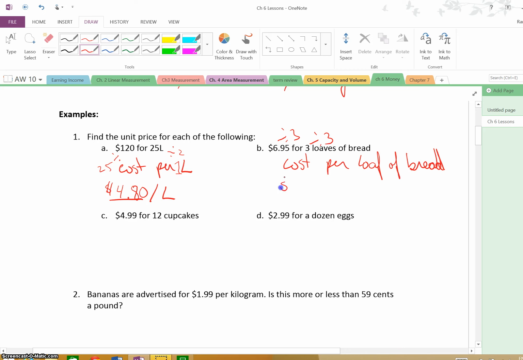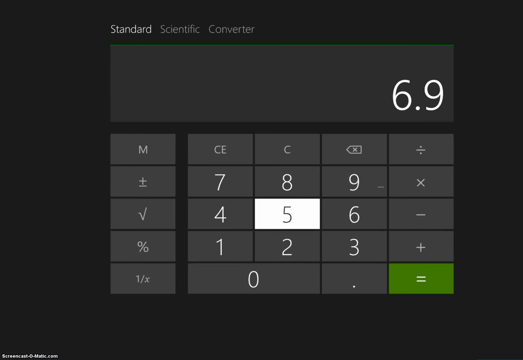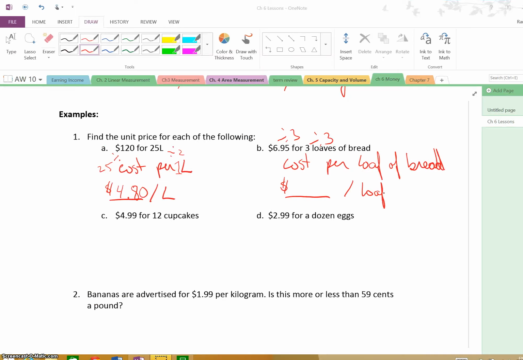That means I'm going to find out what the cost is per loaf. So $6.95 divided by 3. And again, I don't deal with hundredths of a cent, or even tenths of a cent, so that's going to be $2.32.